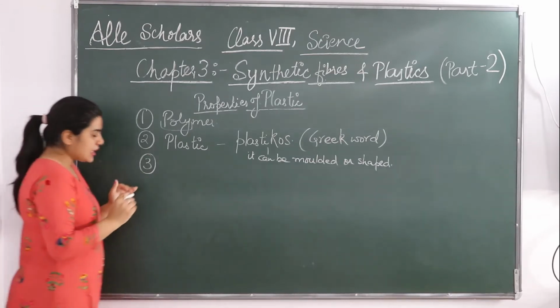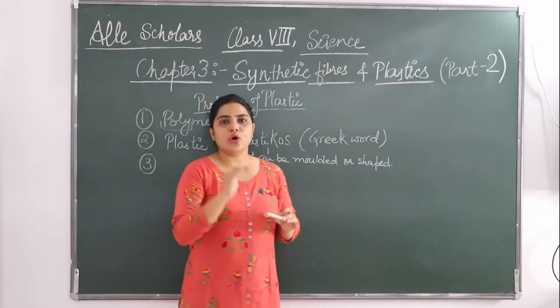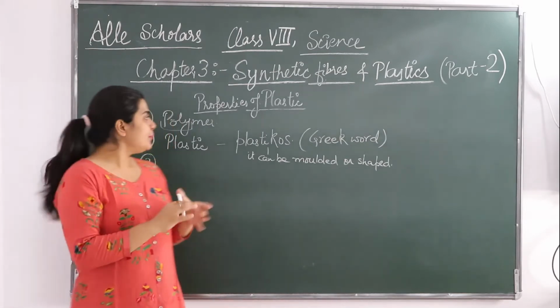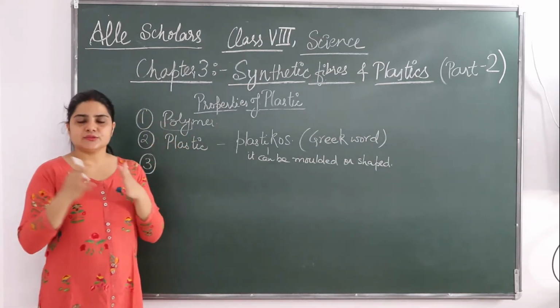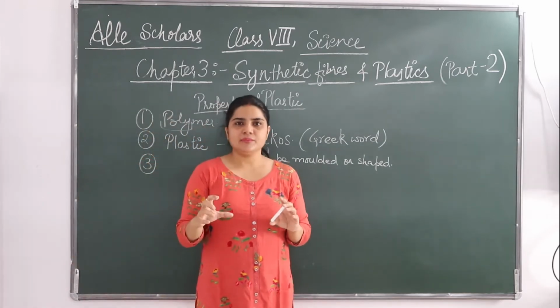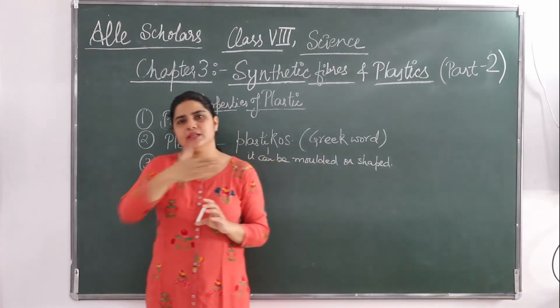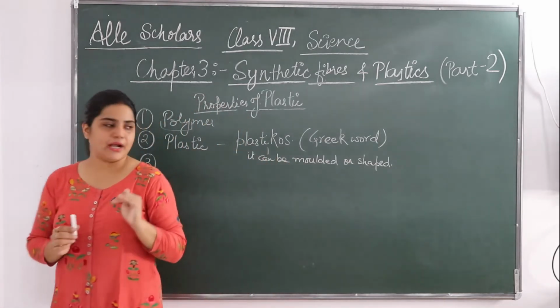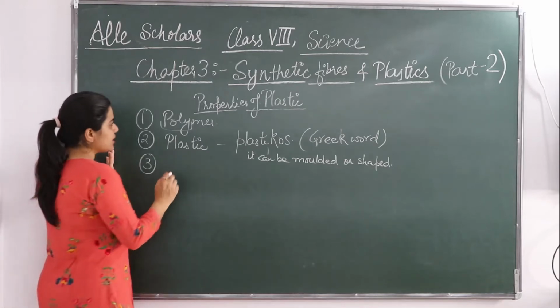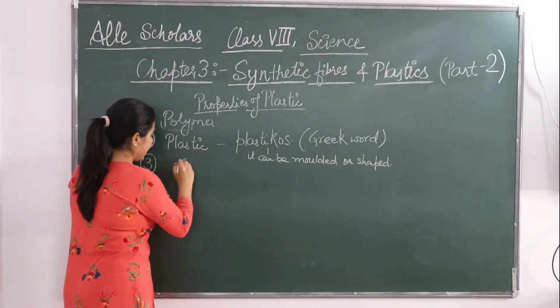Now what happens is that all the plastics do not have the same type of pattern. Polymers have units, small units, which are arranged in some pattern. It is not like all the plastics are arranged in the same pattern. So there are different patterns in which these plastics are arranged.